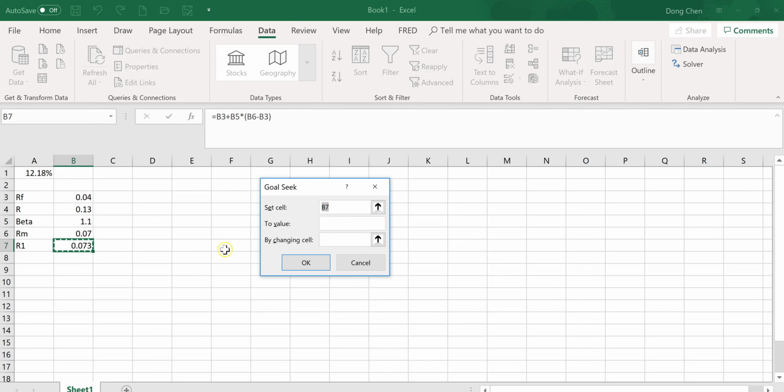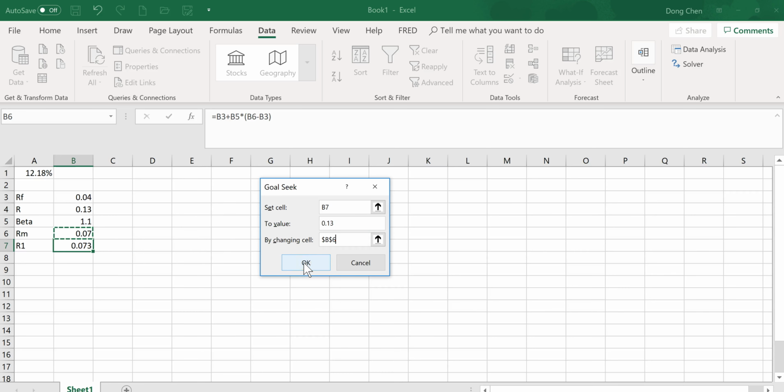The value must be a numerical value. It cannot be an expression. So we set this to 0.13, which is the security's expected return. And by changing cell, we change R_M, which is B6.